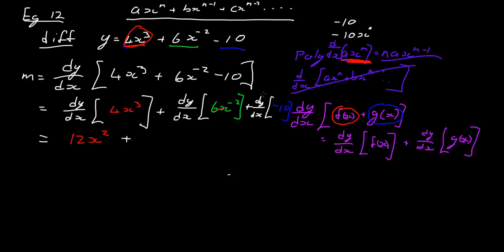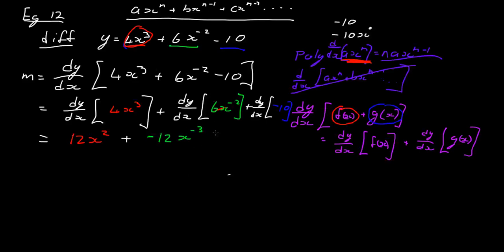And this is also a polynomial, it's also ax to the n, so we follow the same rule. We take the power down in front and multiply, so that gives minus 6 times 2 is minus 12, x to the minus 3, because we reduce the power.